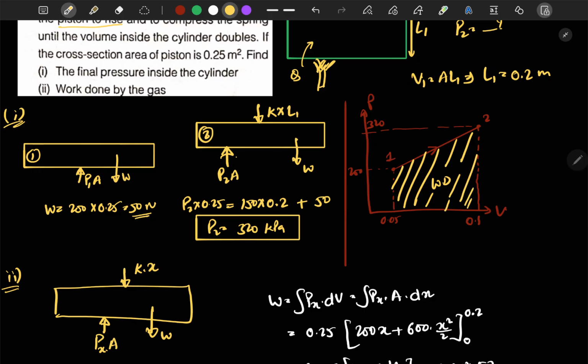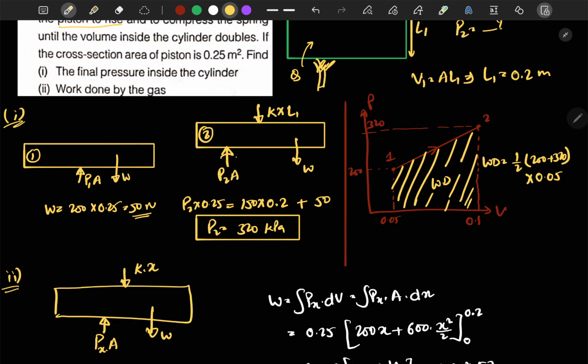Now since it is a trapezoid, work done will be half into the sum of parallel sides. The sum of parallel sides will be 200 plus 320, into the height, which is 0.05.